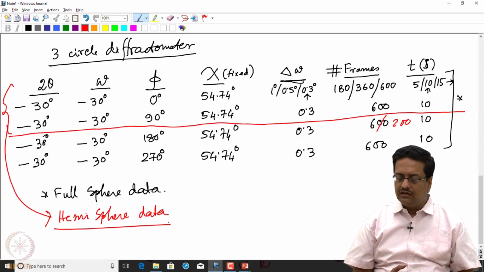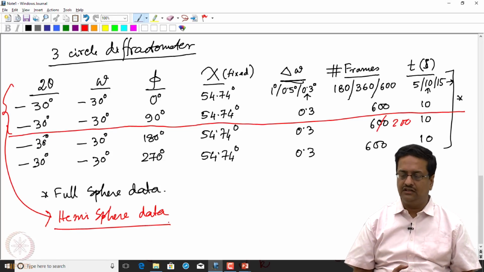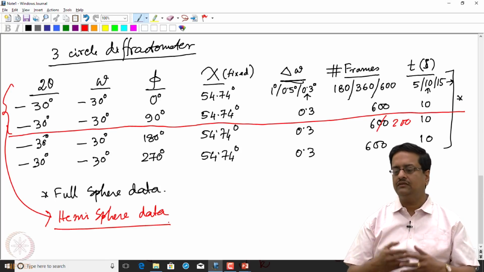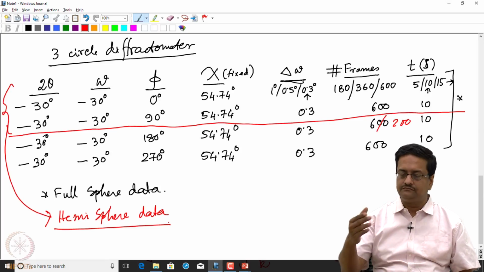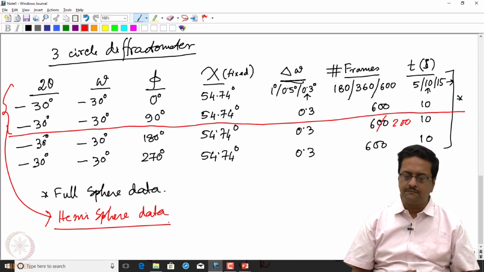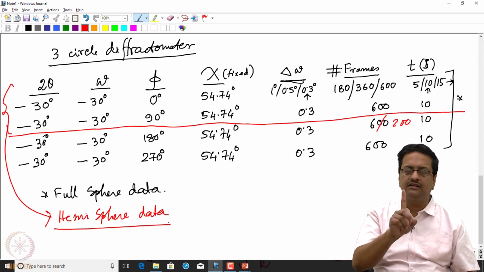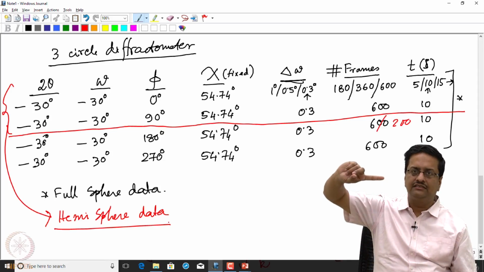So, if we have access now to a 4-circle diffractometer, what happens is that the fixed value of chi is no longer fixed. Chi can be changed, and because of chi being changed, the crystal can be aligned from vertical to exact horizontal.